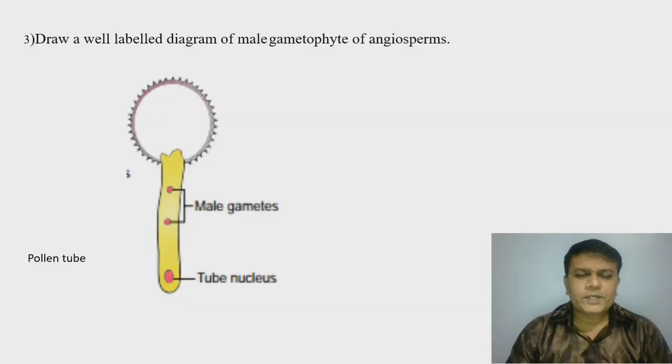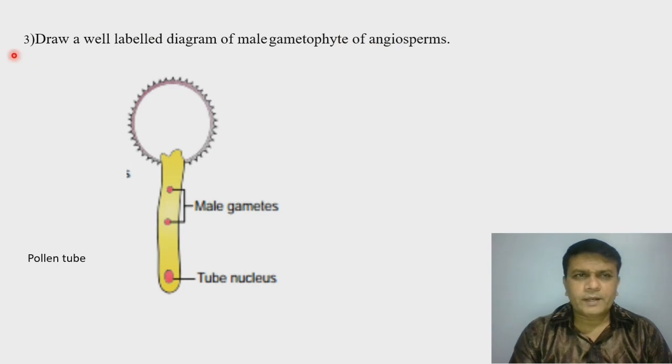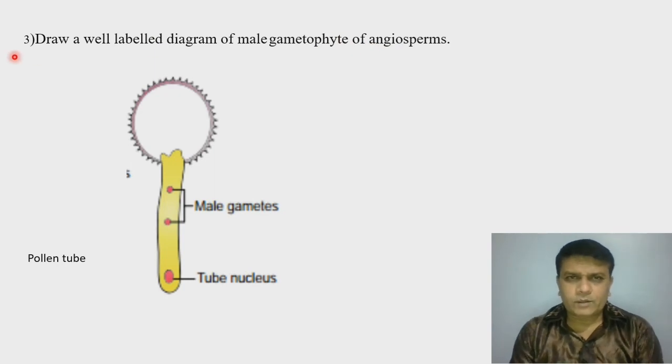Then the next question is, draw a well-labeled diagram of male gametophyte of angiosperms. Now you know that at two-celled stage, the pollen grains come out of the anther, and by the process of pollination, they are deposited on the surface of stigma.